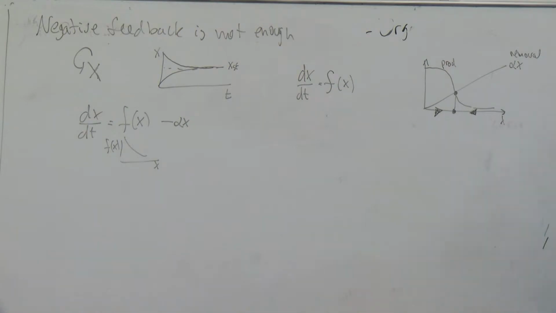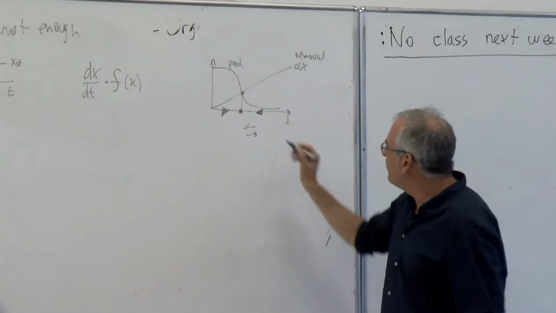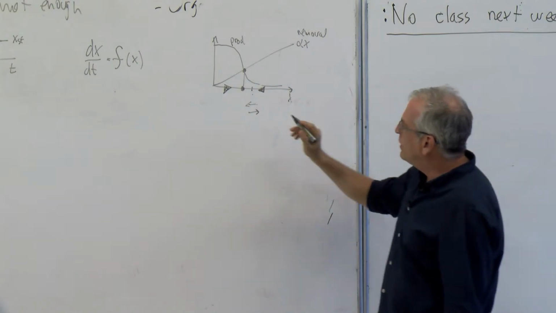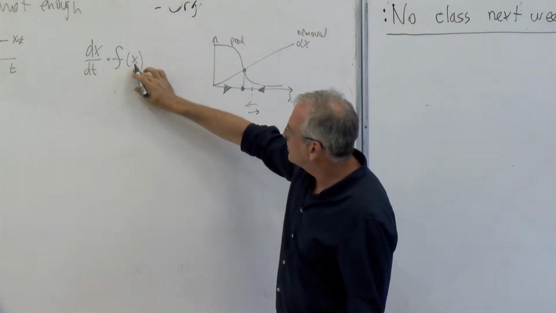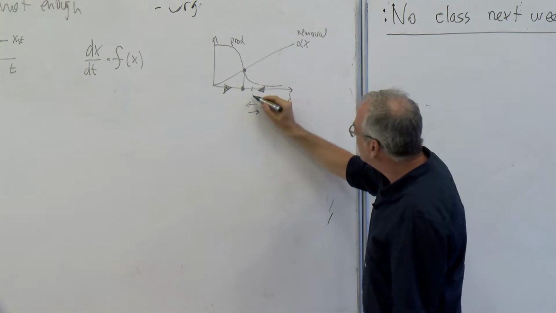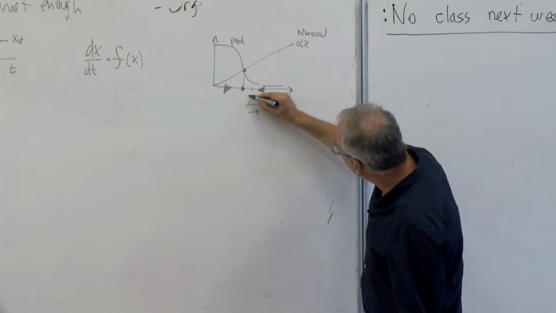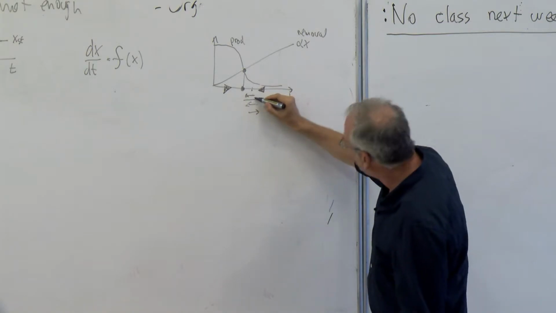Now, why do I say that you can never have oscillations, no matter what the shape of these lines are? The reason is that no matter what the shape of the lines are, any point on the x-axis has an arrow, either moving this way or that way in a one-dimensional system. Now, for an oscillation, that means that if you're here, you should move either that way or that way. If this equation has no time anywhere inside, no time-varying components, in order to have an oscillation, you need to move that way some of the time, and then that way some other time.